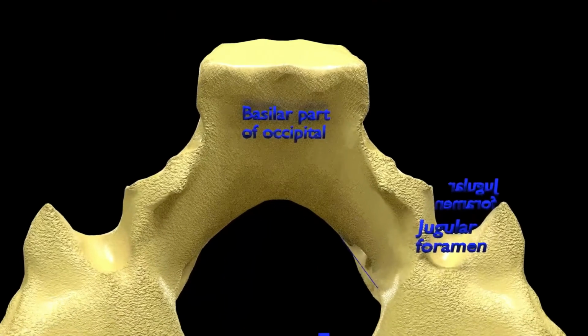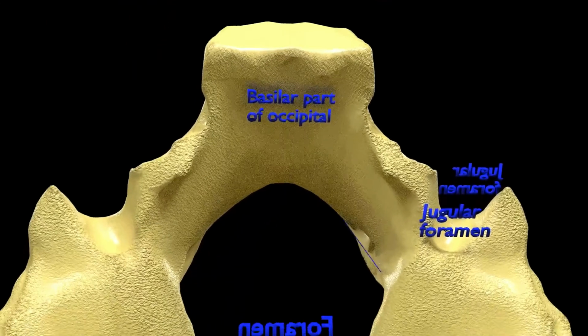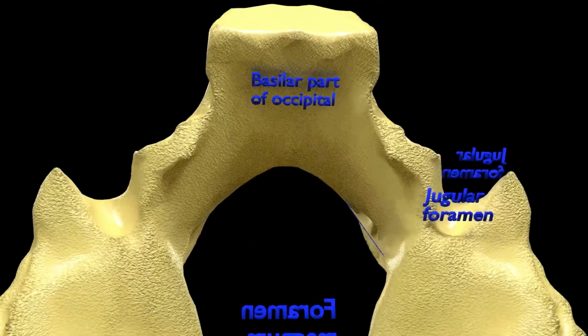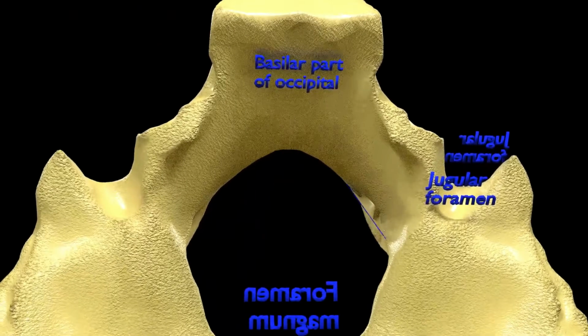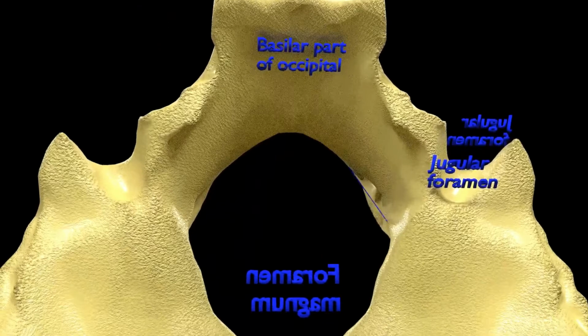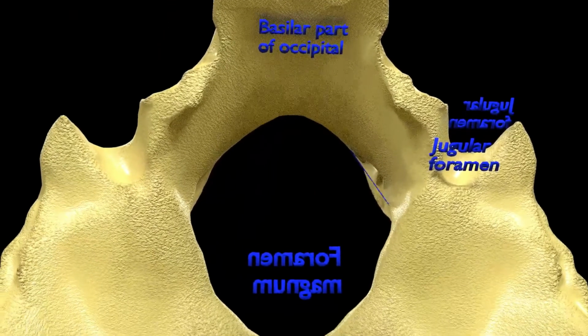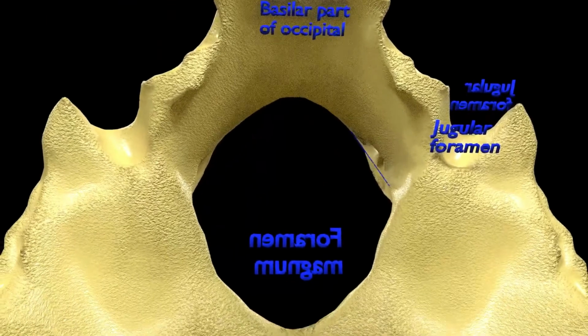The structures passing through the jugular foramen are the inferior petrosal sinus, sigmoid sinus, and the 9th, 10th and 11th cranial nerves, that are the glossopharyngeal, vagus and accessory cranial nerves respectively.